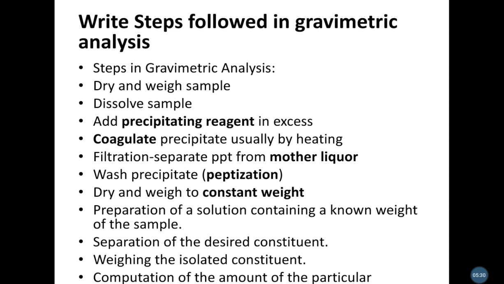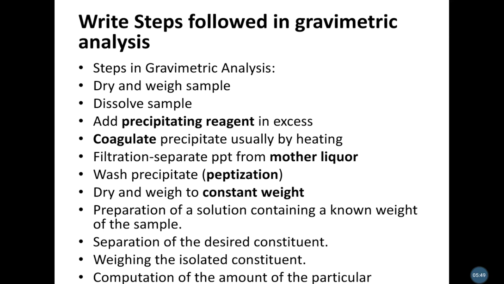You can use an oven, microwave, or different types of drying techniques, and wait for constant weight. Weigh constantly 6 to 10 times, and whatever constant weights you get, average them and finalize your constant weight. Then prepare a certain solvent.